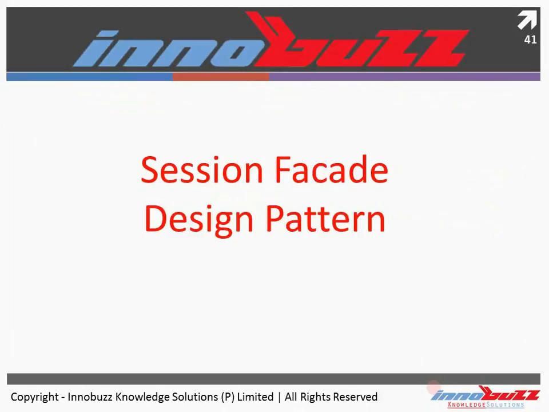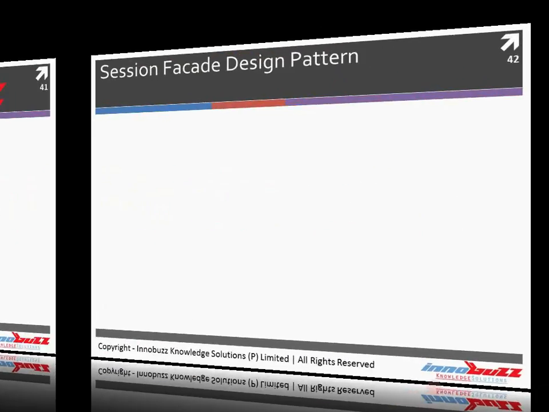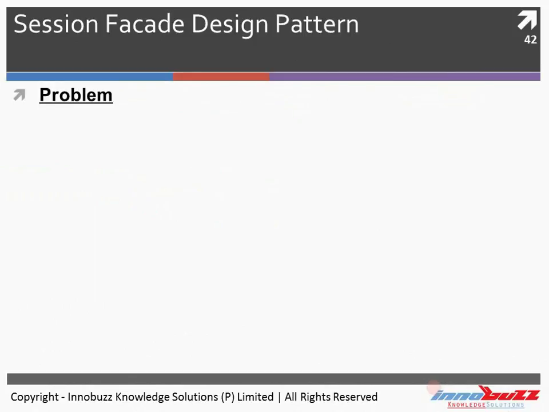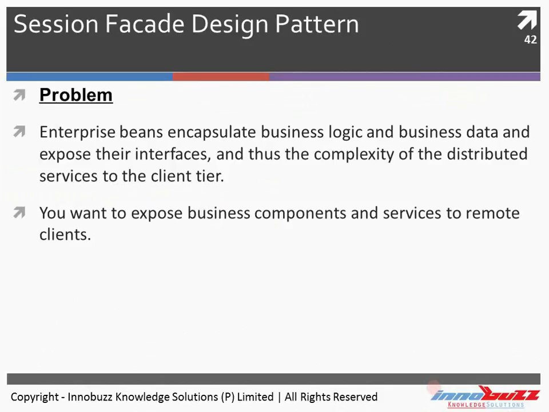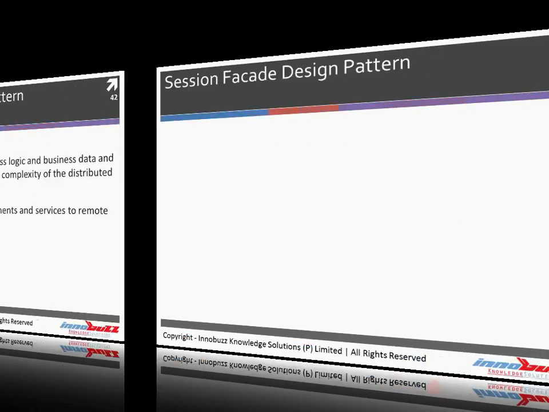Session facade design pattern. So the problem can be that enterprise beans encapsulate business logic and business data and also expose their interfaces, and thus the complexity of the distributed services, to the client tier. So therefore, you want to expose business components and services to remote clients.